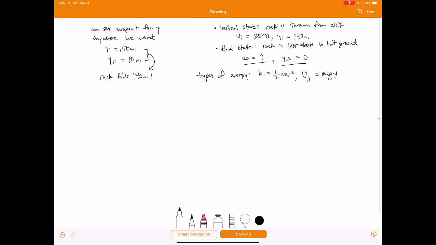There aren't any other forces that we need to worry about that are being exerted on the rock. It's just gravity, actually, because we assume no air resistance. Which means there aren't any non-conservative forces doing work on our system. That means mechanical energy is conserved.